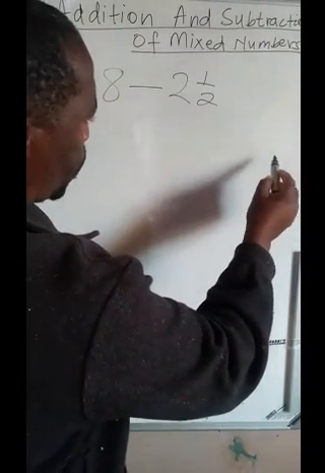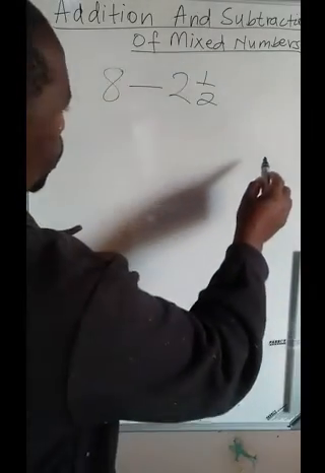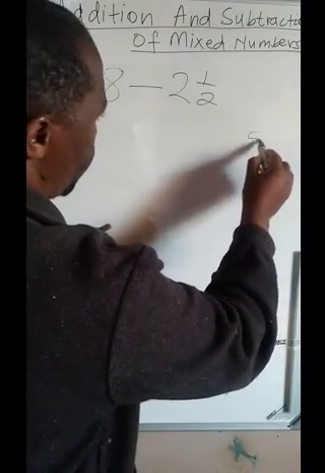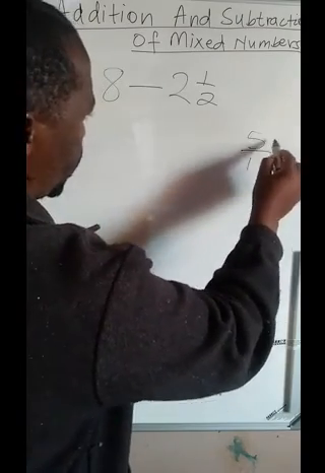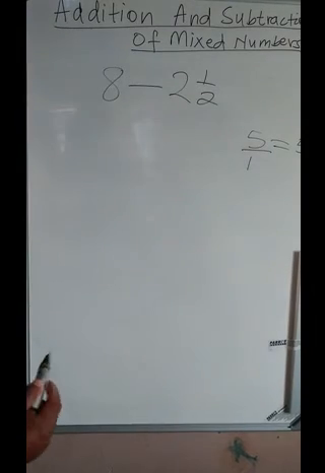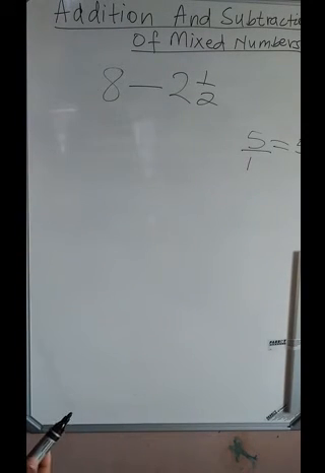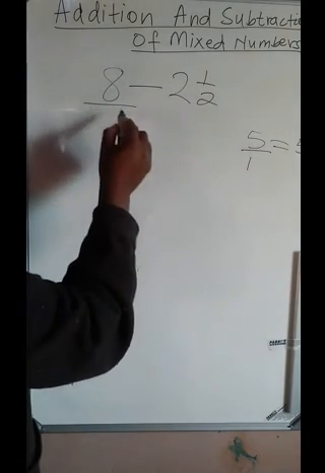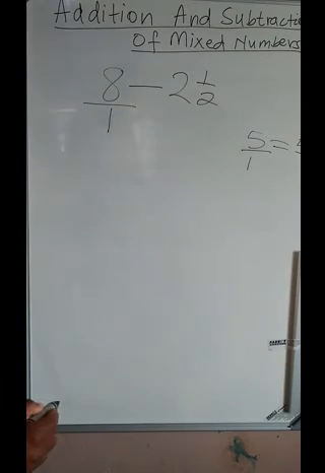For an example, when you have 5 over 1, it still equals 5. So the same thing here, 8 as a whole number is also equal to 8 over 1.